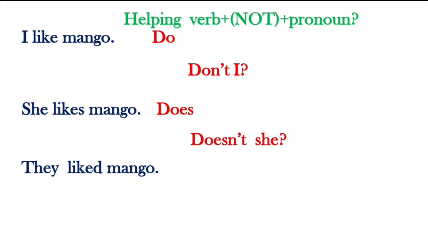Here it is a past tense, so we use "did" as a helping verb, and to frame the question tag we use "didn't they." Did is a helping verb, the sentence is positive, we use "not" to make a negative question tag, and "they" is a pronoun. These are the main three uses of do, does and did.